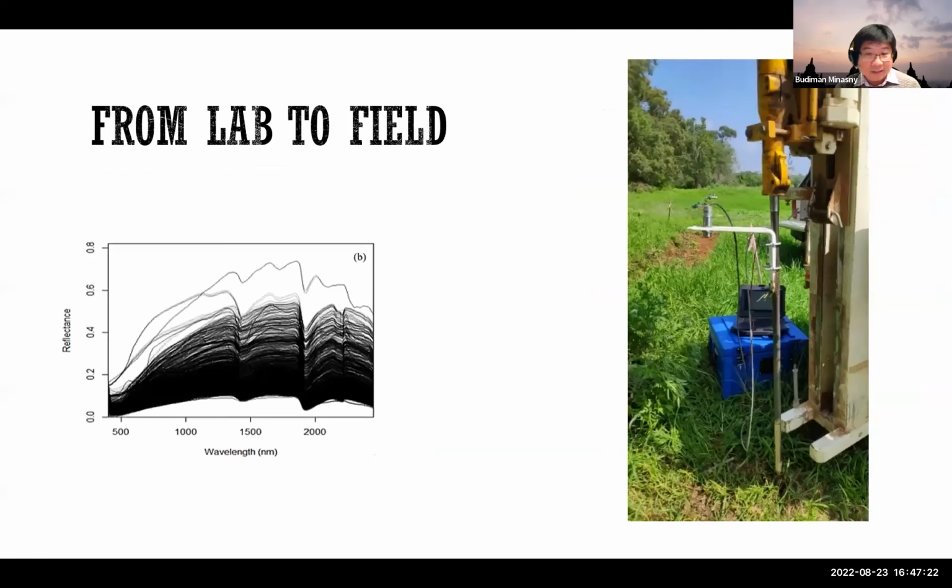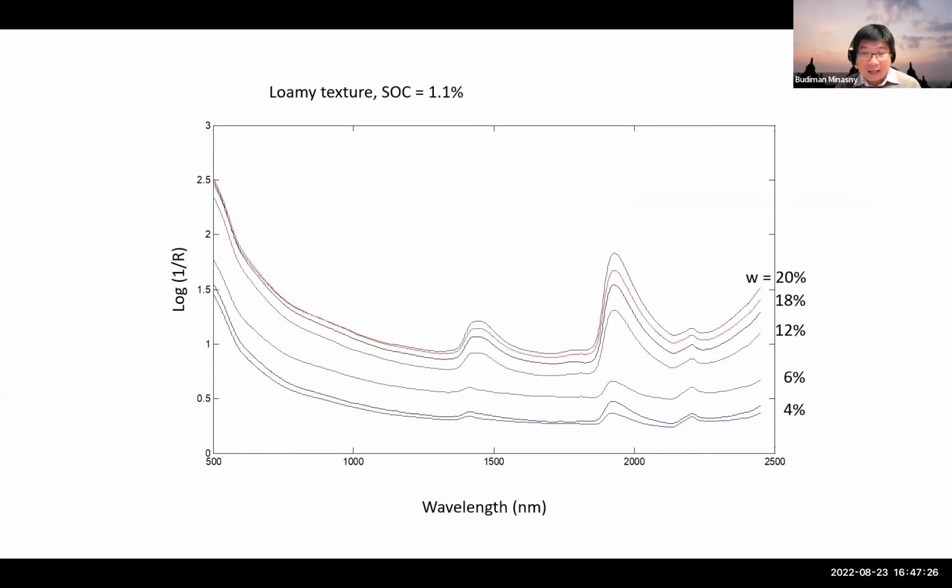So the next one is from lab to the field, as you saw before. And the problem is that in the field you have the effect of moisture. So this is the same soil, but we wet it up at different water content.